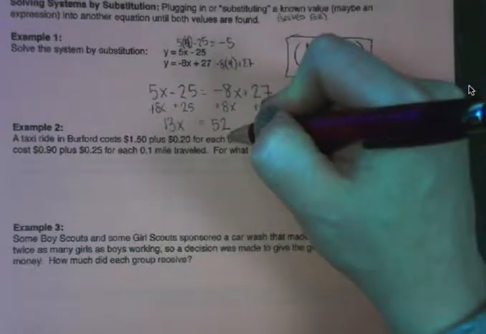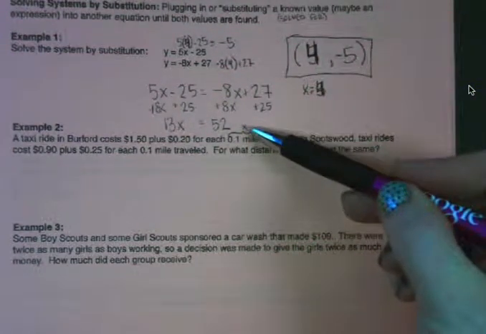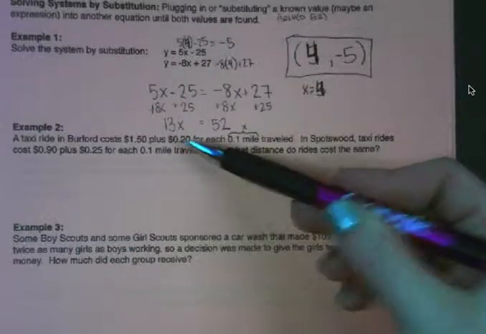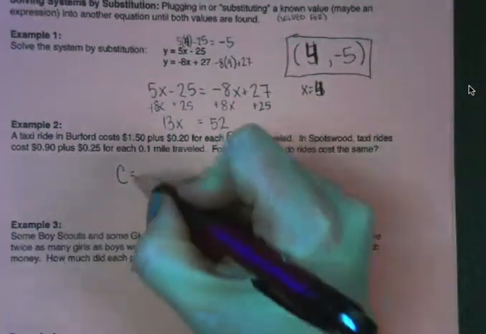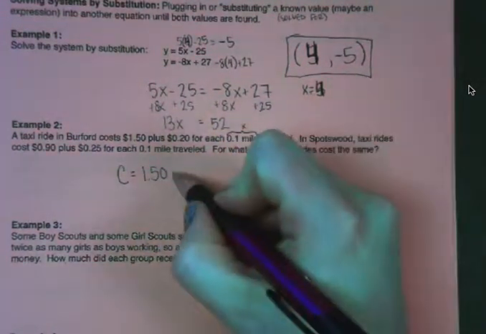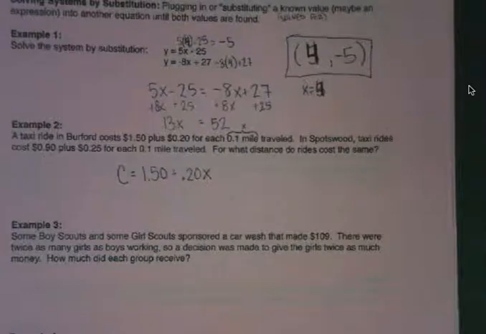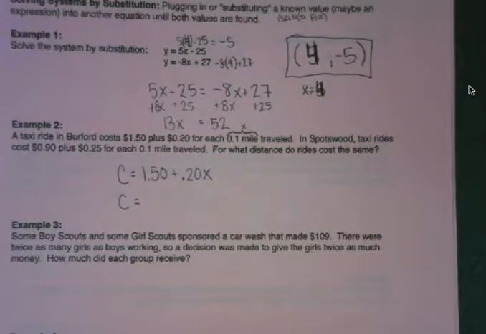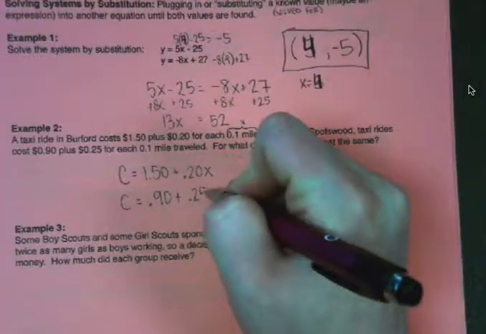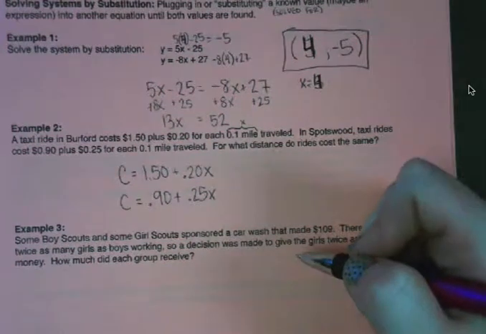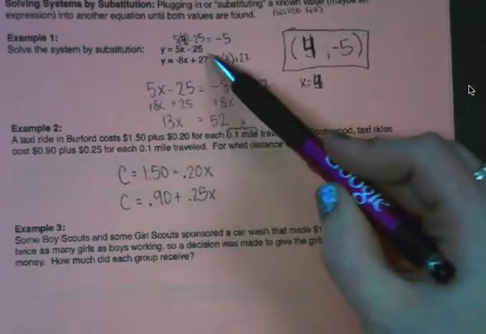So I'm going to call this tenth of a mile my x, or whatever, so that I have that multiplicative factor times my mileage. So the cost in Buford is $1.50 for sure, then 20 cents for each tenth of a mile. The cost in Spotswood is 90 cents plus 25 cents for each tenth of a mile. Hopefully you can see the parallels from this to this up here.